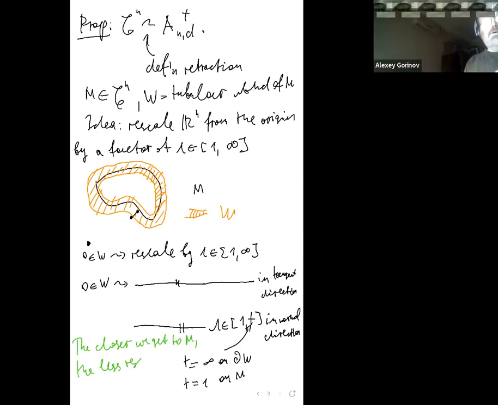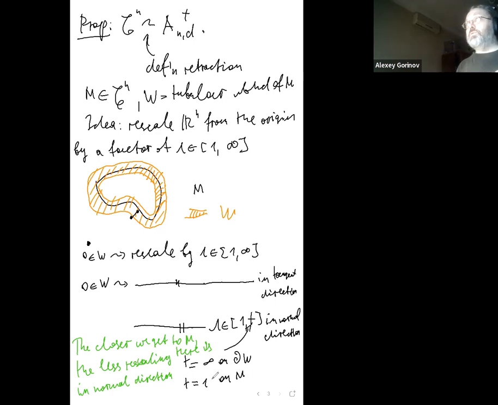So if we are far from M, then we rescale in all directions from 1 to infinity.